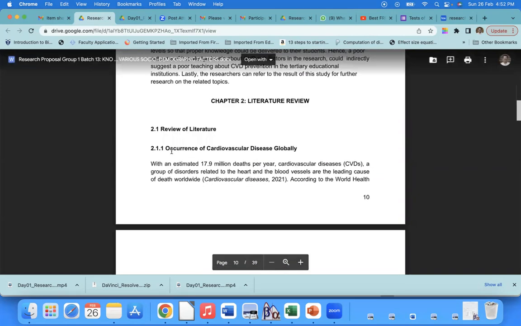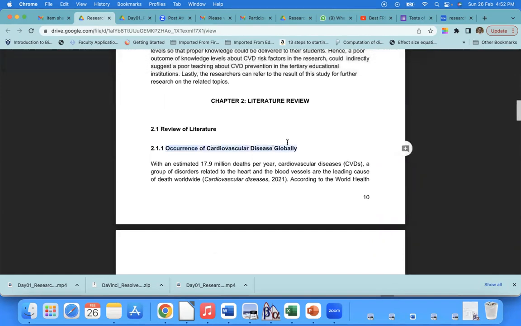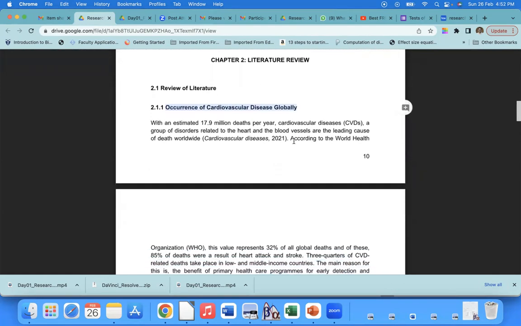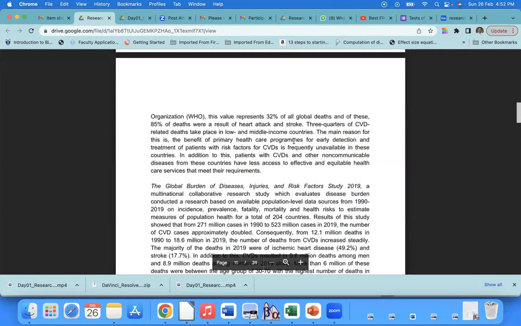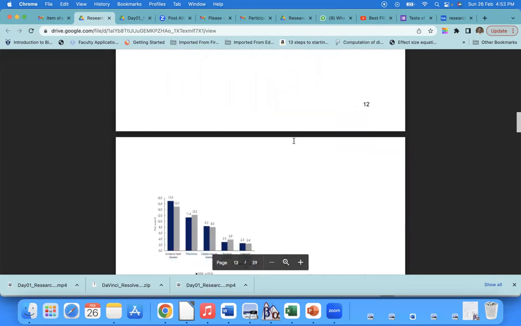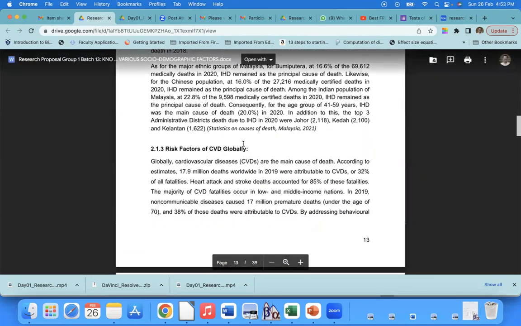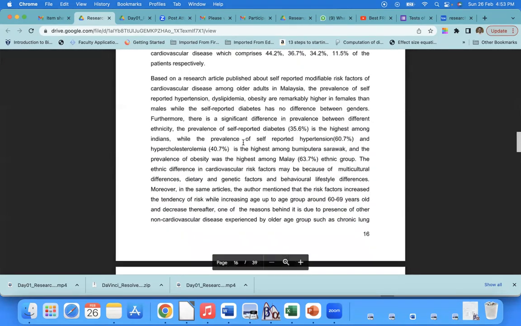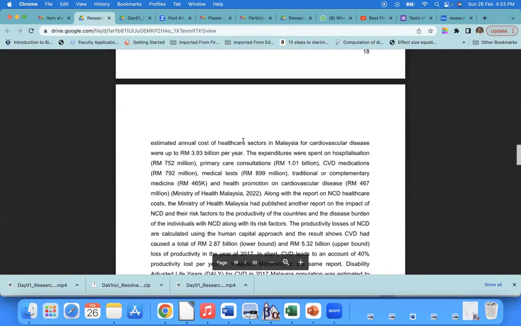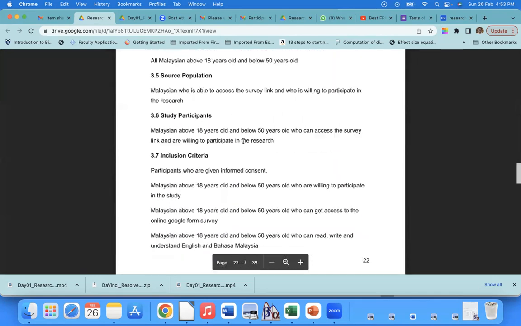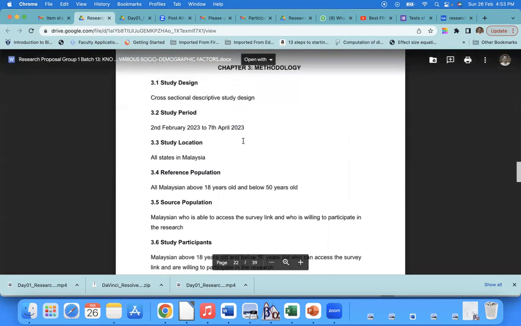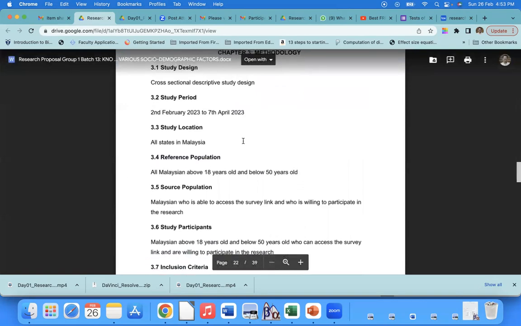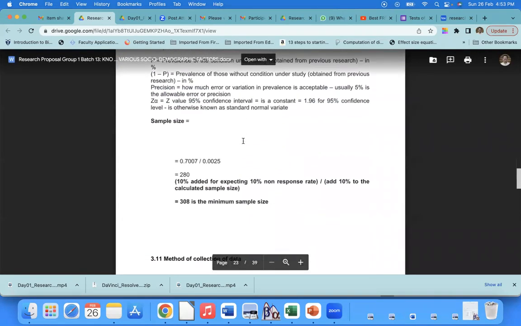I told you, review of literature will have multiple subheadings: occurrence of cardiovascular disease, then risk factors of cardiovascular disease, risk factors in Malaysia, like that. Multiple subheadings are there. So these are the methodology headings.